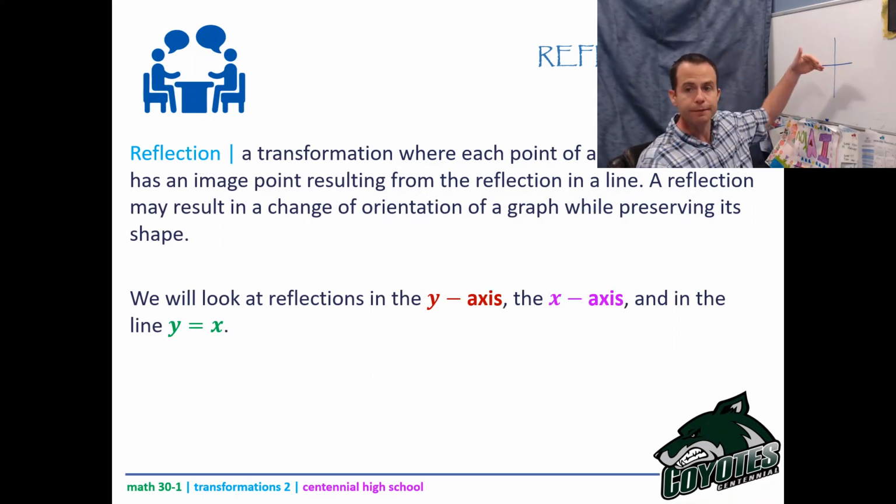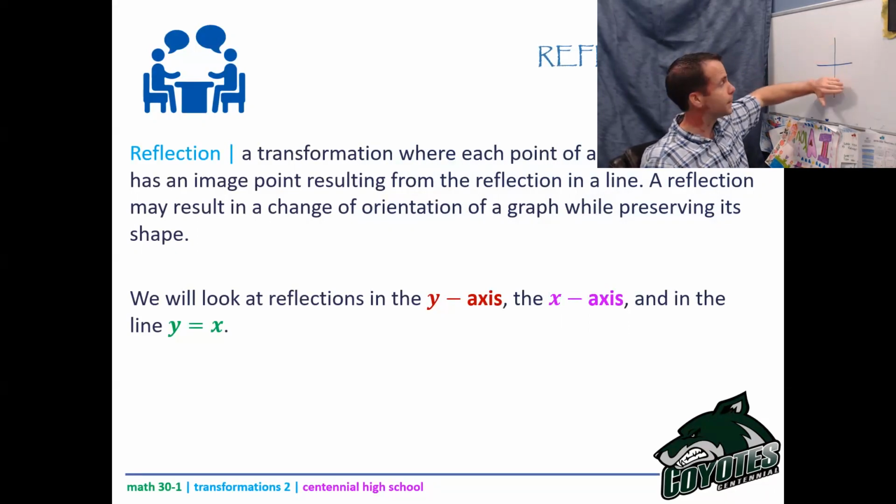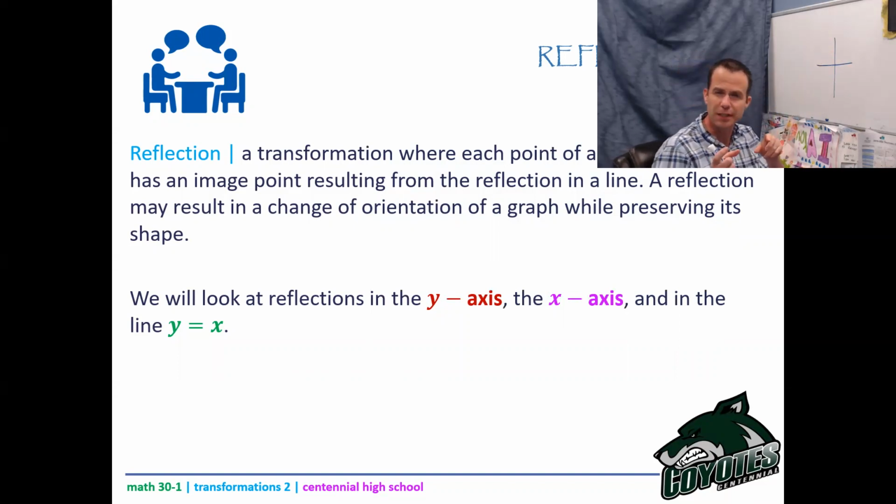If I was to reflect, let's just pick on the x-axis for a second. If I reflect on the x-axis, I'm going like this. I need you to see that that's a vertical reflection. So we say it's a vertical reflection about the x-axis. That can be confusing right at the beginning because we're saying the word vertical and we're using the letter x. You have to think visually.